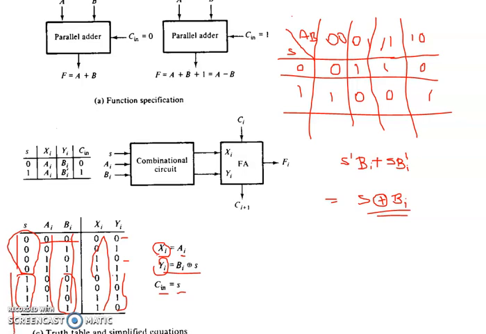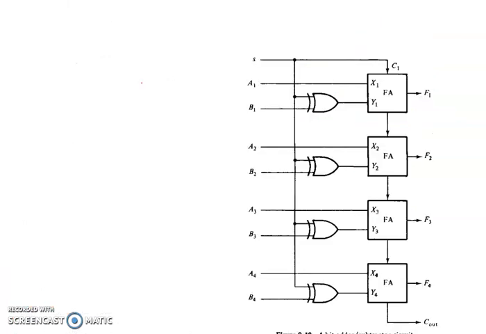If s is equal to 1, Cin will be equal to 1. So based on the input S, Cin will be decided. So with these inputs, we can design the logic circuit for this adder and subtractor, addition and subtraction operation.